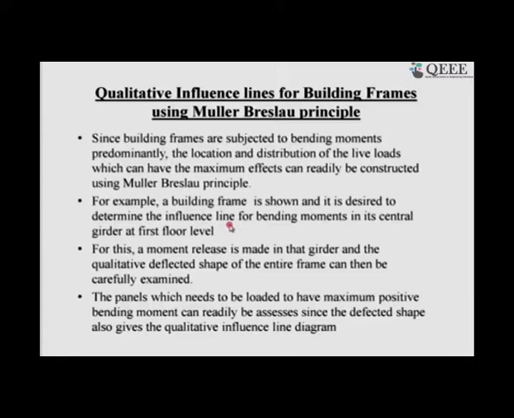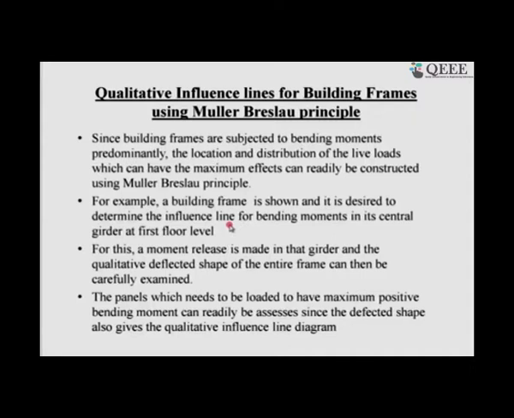For example, we are showing a building frame and it is desired to determine the influence line for bending moments in a central girder at first floor level. For this, a moment release is made in that girder and the qualitative deflected shape of the entire frame can then be carefully examined.